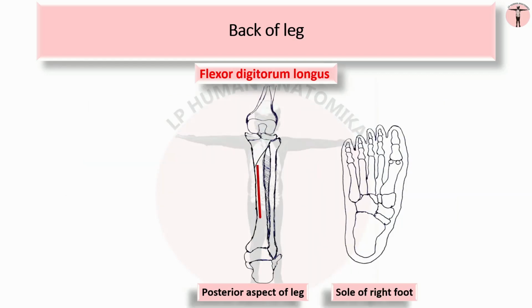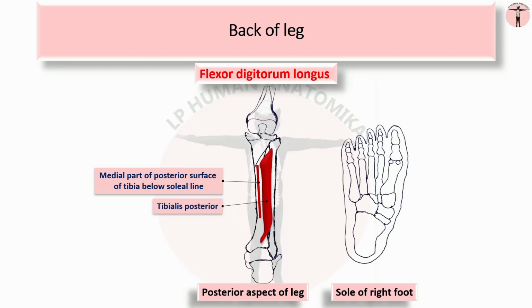Flexor digitorum longus. It has a course in the leg and in the sole, changes direction and acts on many joints. It takes origin from the medial part of posterior surface of tibia below soleal line, medial to origin of tibialis posterior.